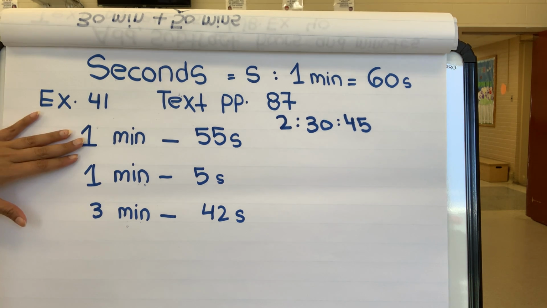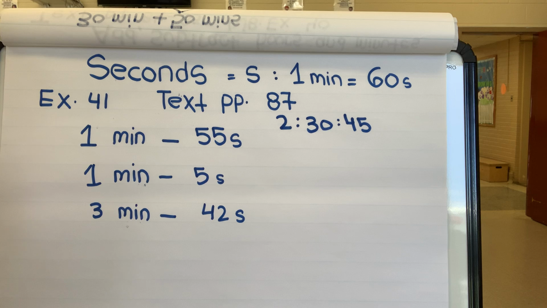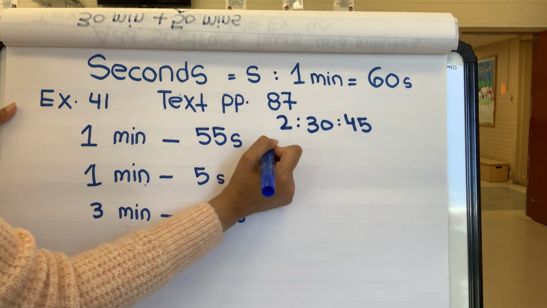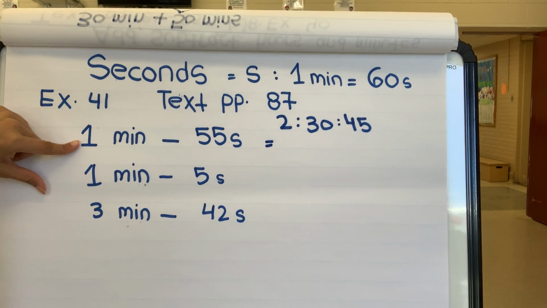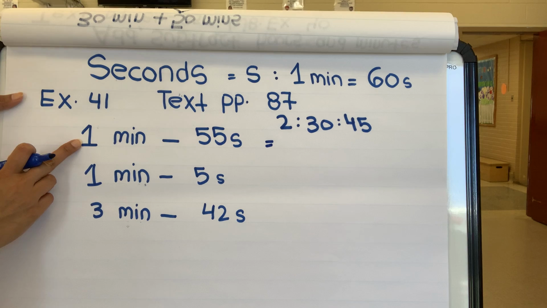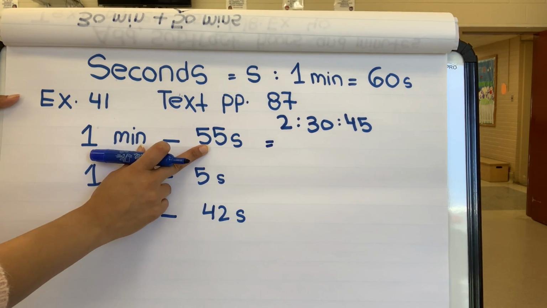So let's say I have 1 minute and I need to take away 55 seconds. Now, if you remember, I just told you that 1 minute is made up of how many seconds? 60 seconds, that's right. So that means I'm subtracting 55 from 60.